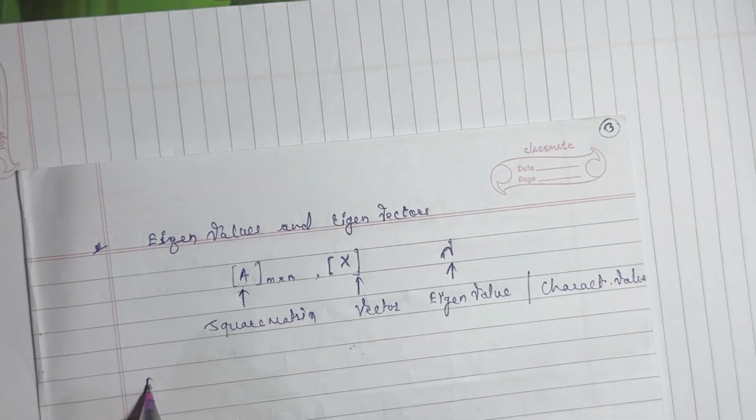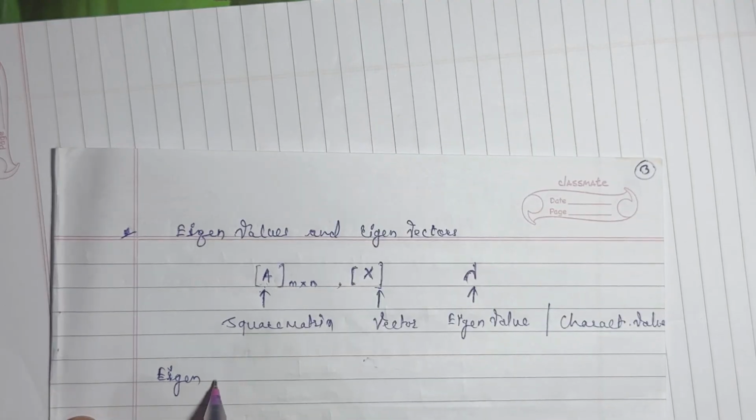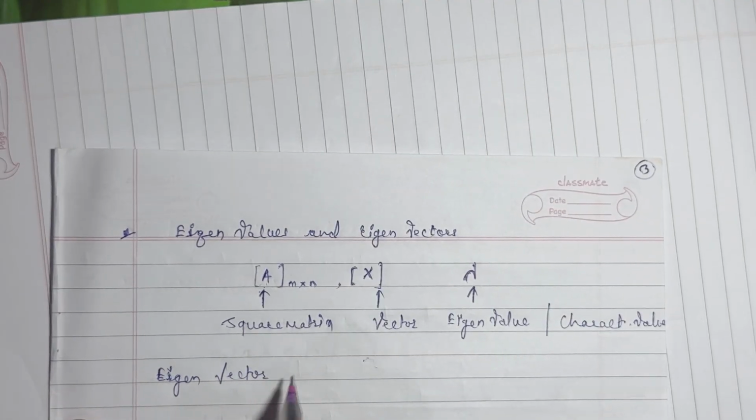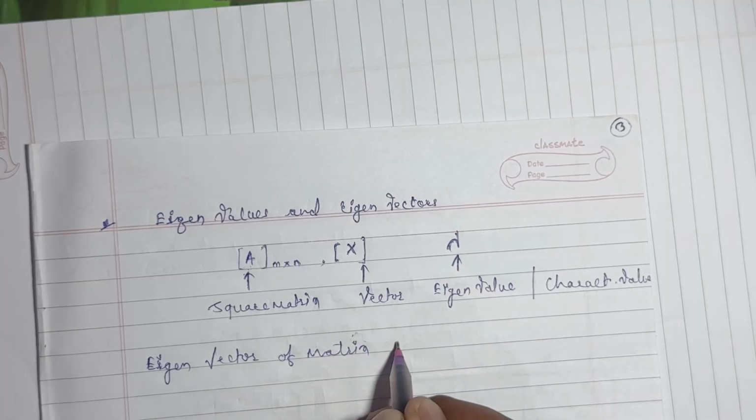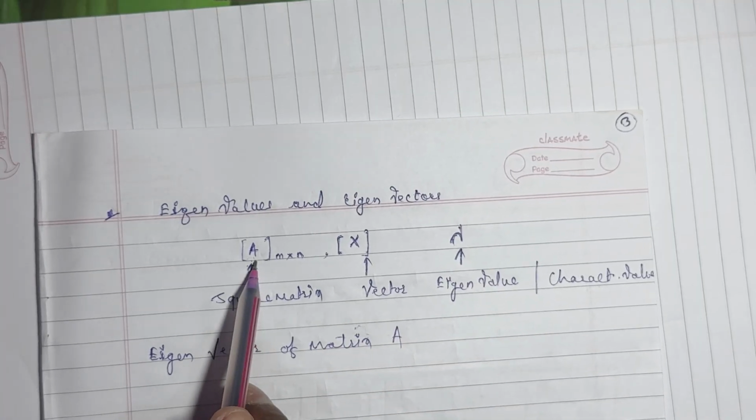Then we write the eigenvector of the matrix A, where A is a square matrix.